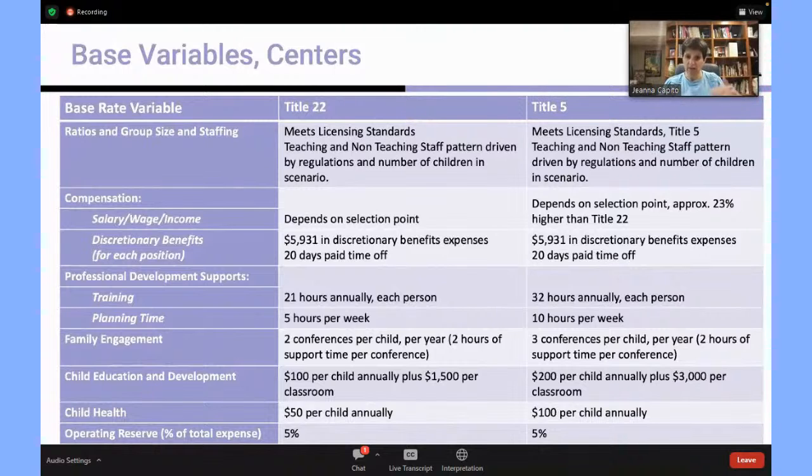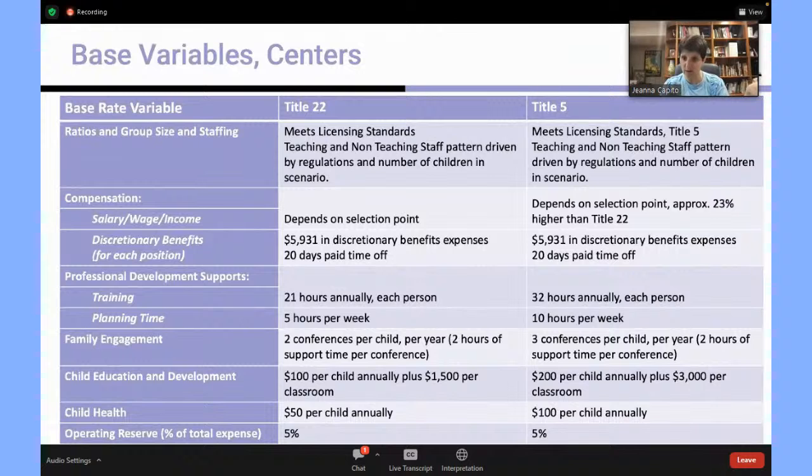If we look further down the chart, you start to see that while the base variable concept is the same, having training hours and having planning time, for instance, the amount of training hours and the amount of planning time differs between Title 22 and Title 5. That is because Title 5 has increased regulations or requirements in those areas.